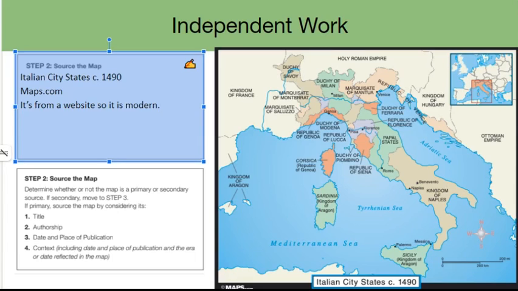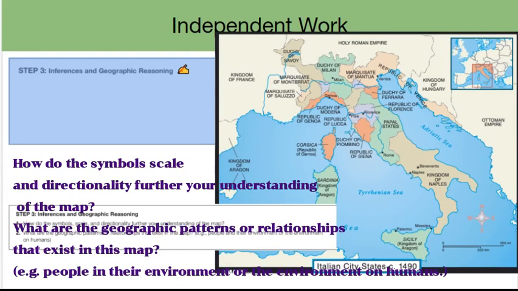Okay, next step. Inferences and geographic reasoning. What can we pick up here? How do the symbols, scale, and directionality further help me understand the map? This one's hard.